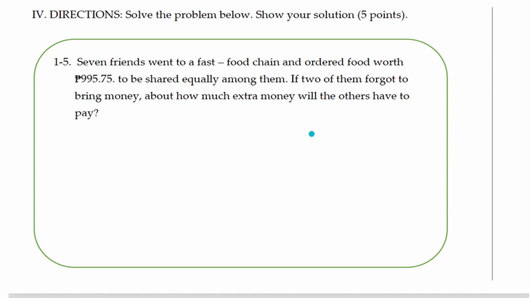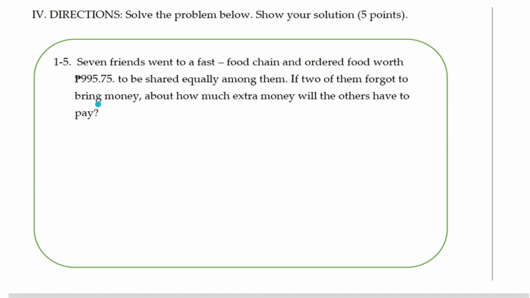So, magkano yung babayaran daw nung paghahati-hatian ng 5 na magkakaibigan? Bakit 5 na lang? Kasi if in 7 friends, yung dalawa, hindi sila makakapag-share because they didn't bring their money. So, ang maghahati na lang sa payment is yung 5 na magkakaibigan or 5 friends that we have.